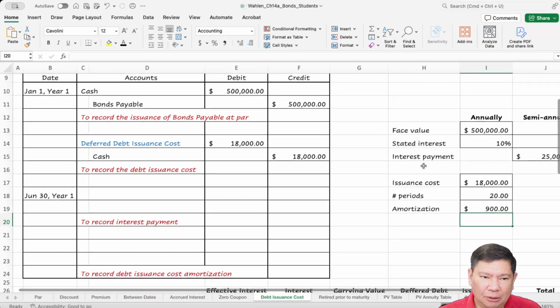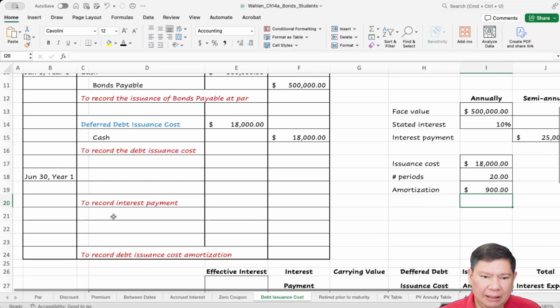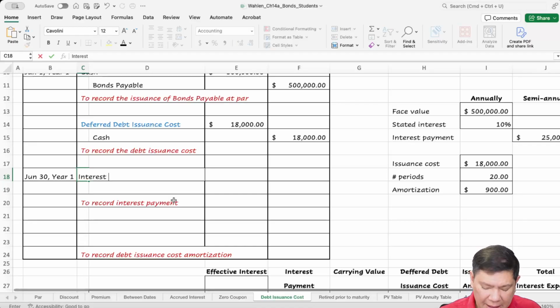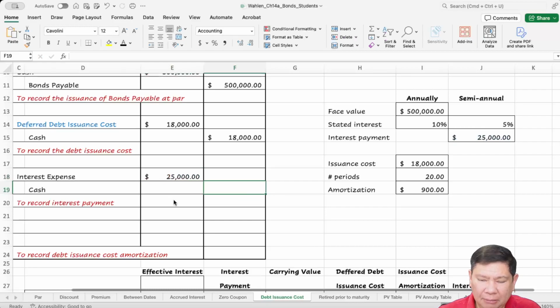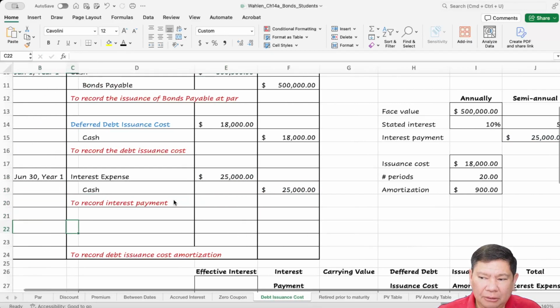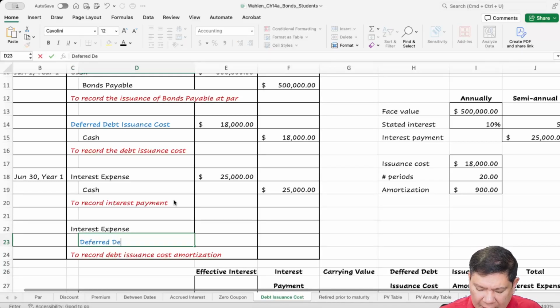So on June 30th, we have to recognize interest expense, and we pay cash, which is what we promise with the coupon rate, $25,000. And at that same time, we have to recognize interest expense due to the amortization of the deferred debt issuance cost.